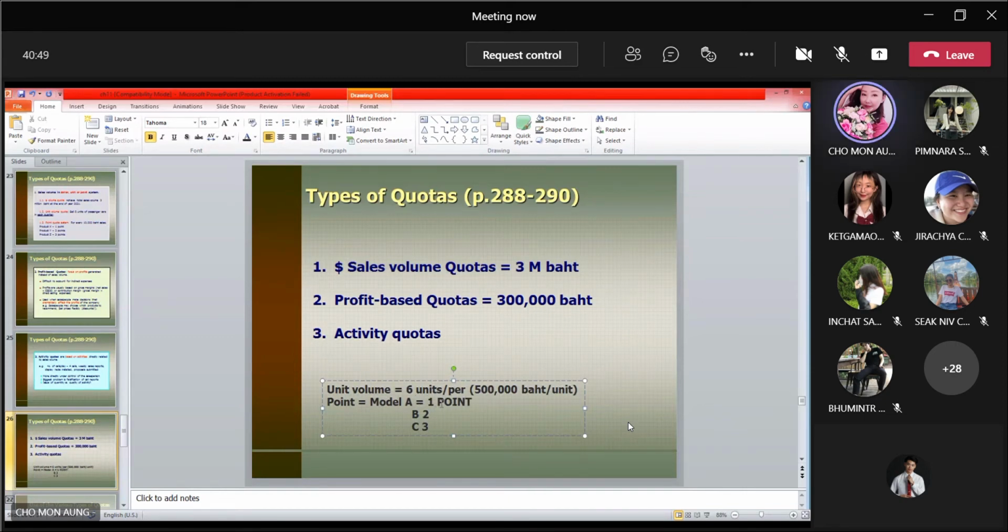That is possible. See that? So for example, like if we have like 3 different models, then for each model, we set different points, isn't it?